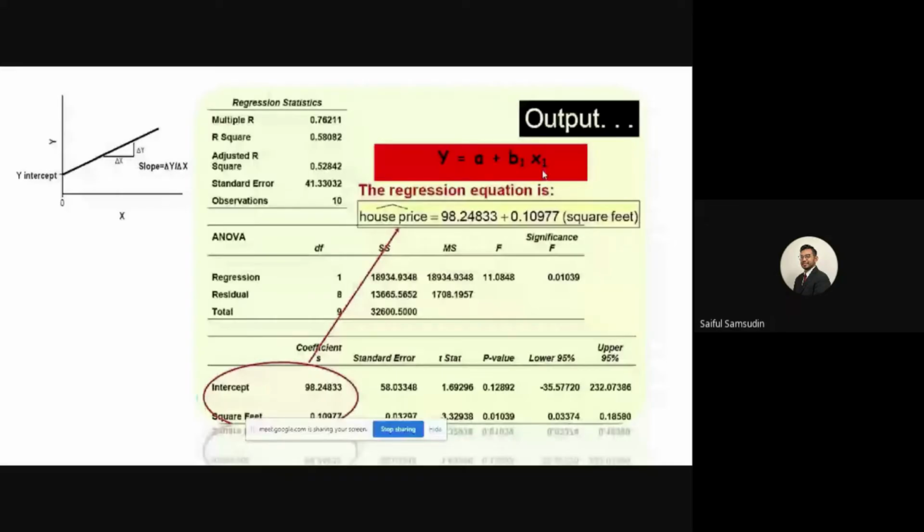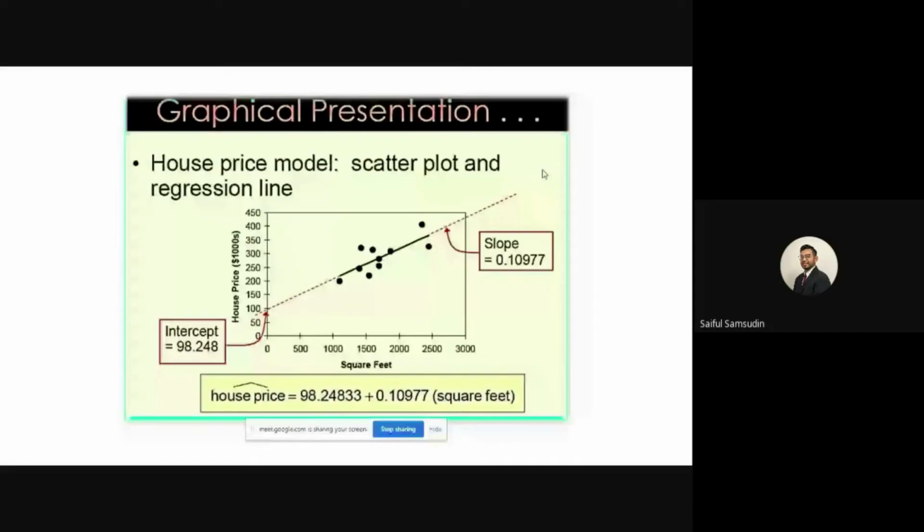Okay, so you already got your regression line and scatter plot, and also you already have your regression model here. So from this one, we will know the house price just using this equation.